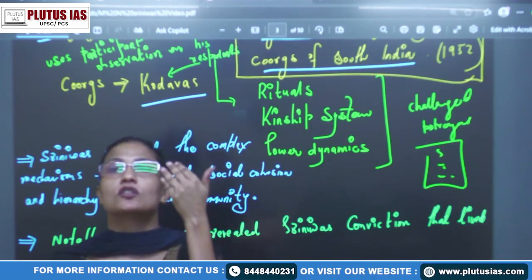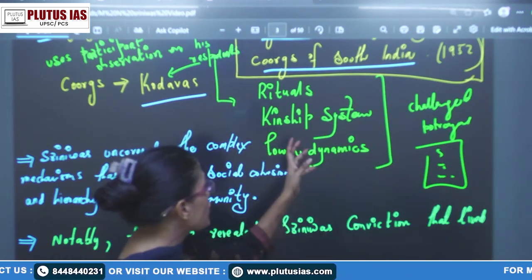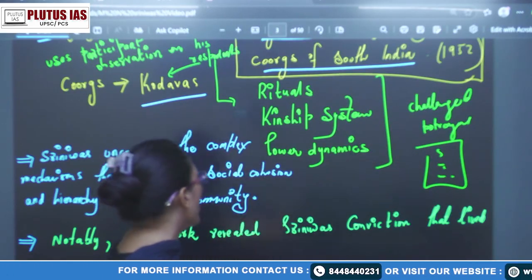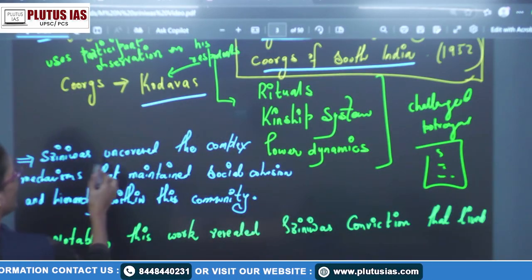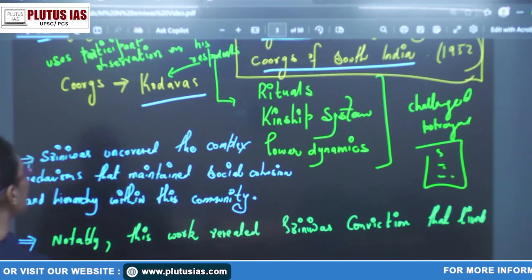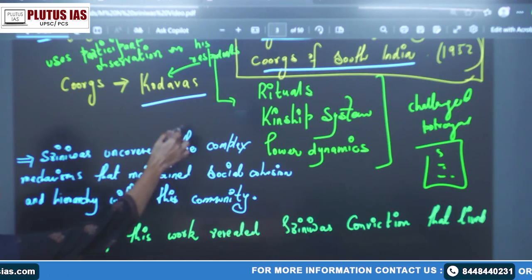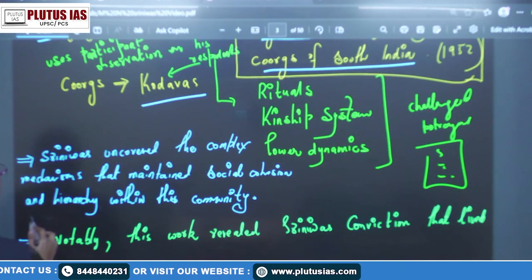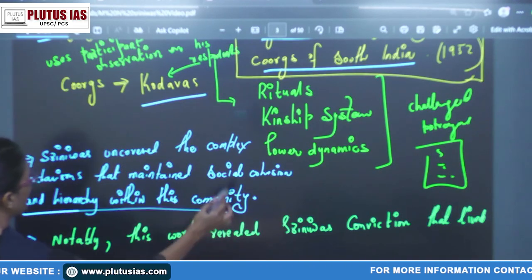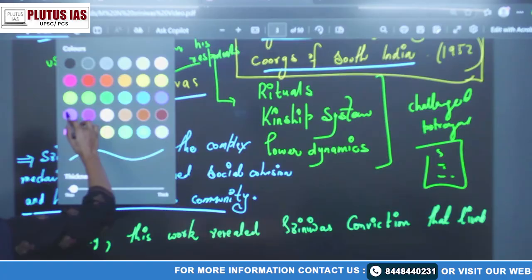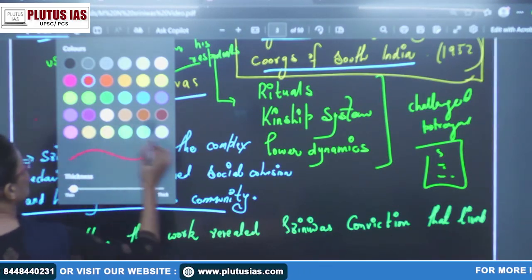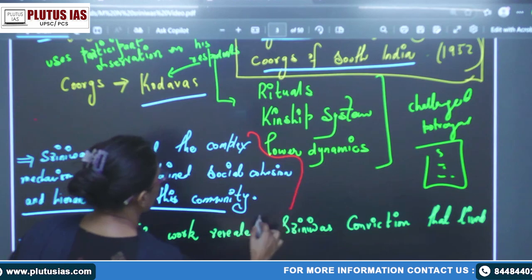It was on rituals, kinship, power dynamics, and then he challenged the portrayal. Srinivas uncovered, keep writing, the complex mechanisms that maintain social cohesion and hierarchy within this community. This is what makes M.N. Srinivas a structural functionalist.